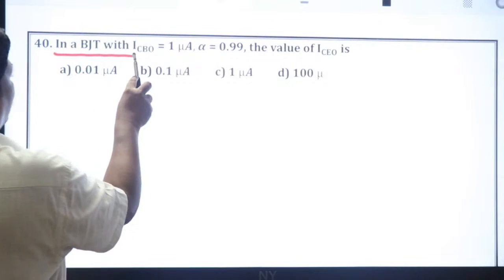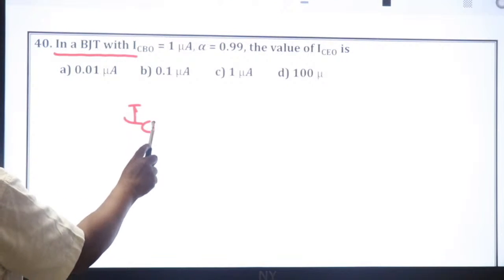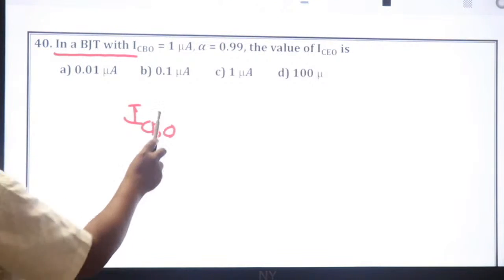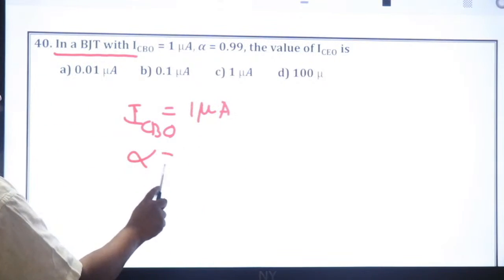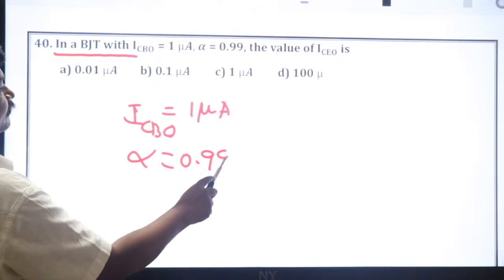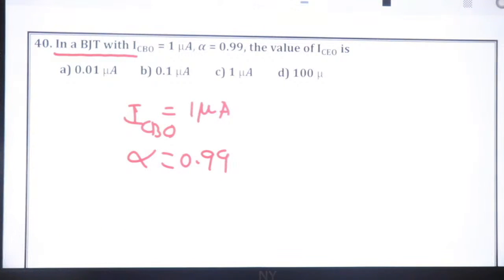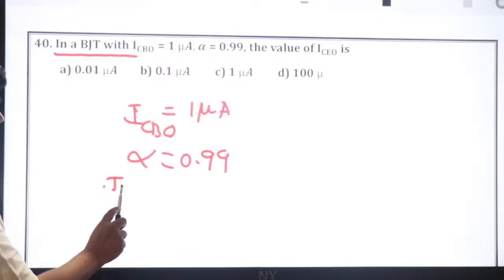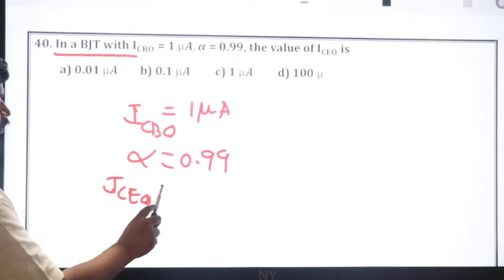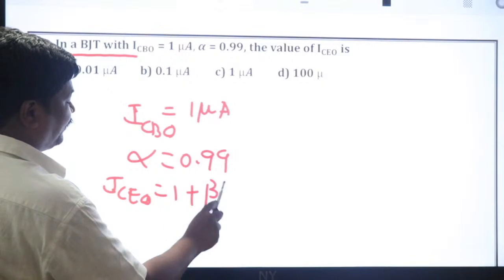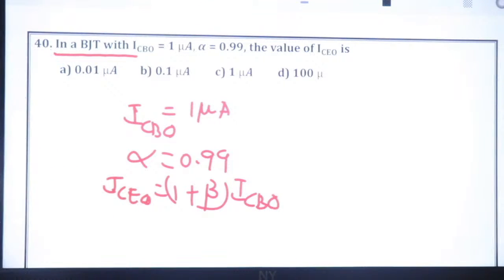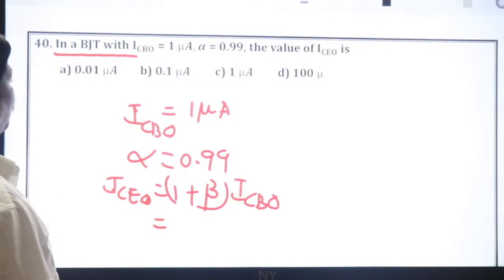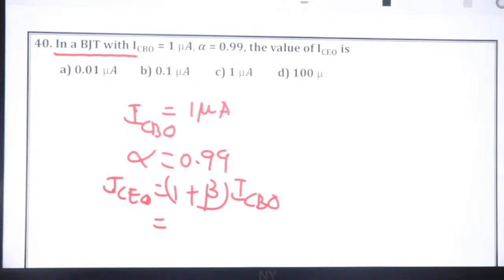In a BJT, ICBO is equal to 1 microampere, alpha is equal to 0.99, the value of ICEO. ICEO is equal to 1 plus beta times ICBO.